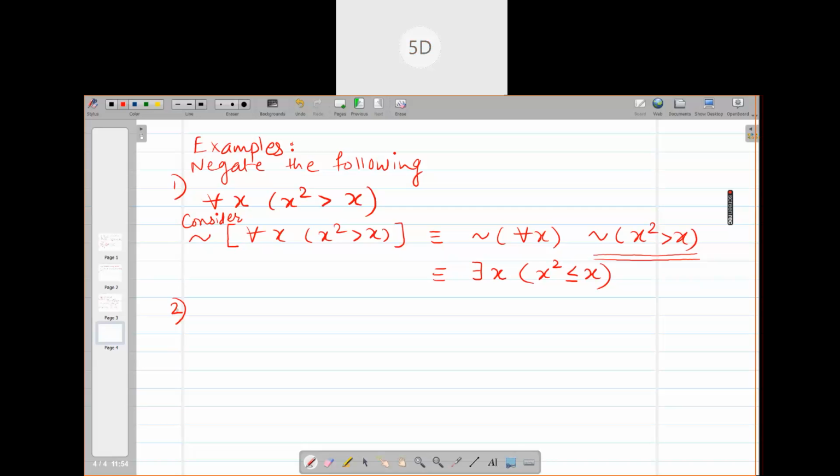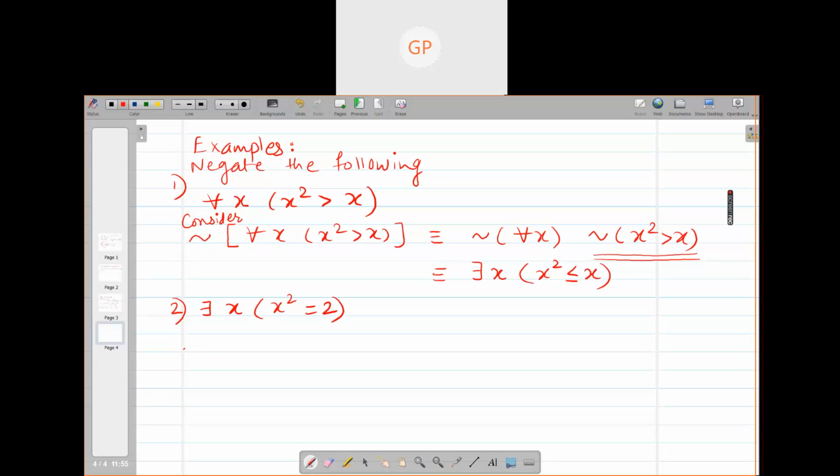We do not want x square greater than x, meaning either x square is equal to x or x square is less than x. Therefore, it becomes x square less than or equal to x. Now, second one. There exists x such that x square is equal to 2.